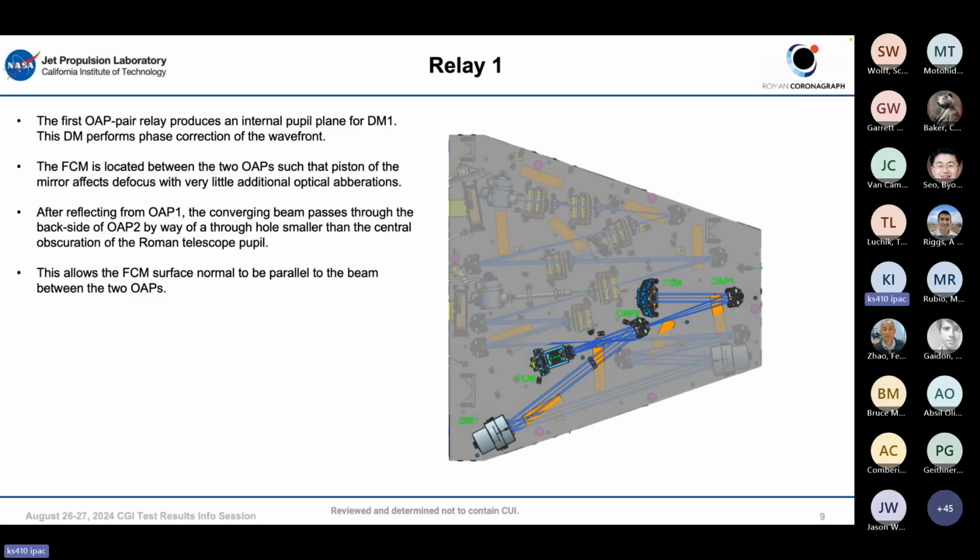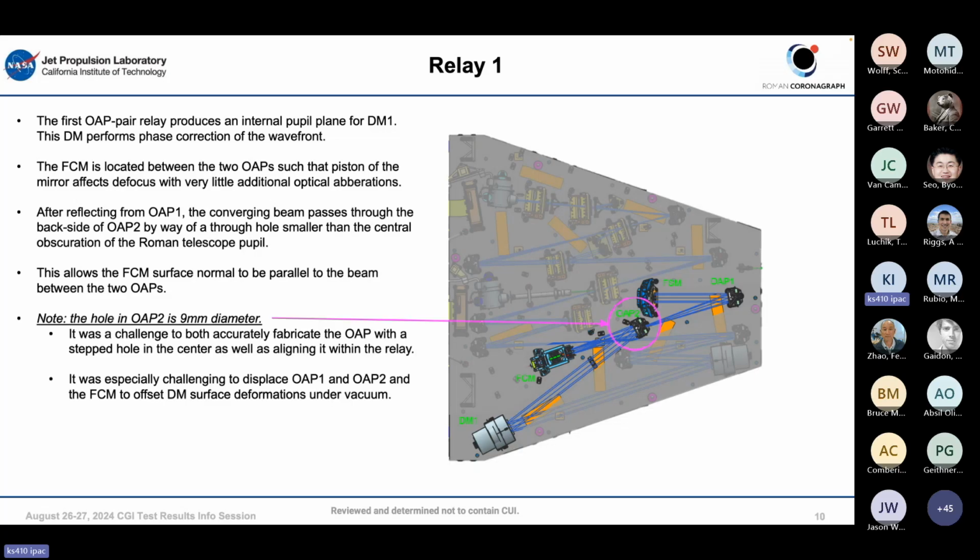And therefore, the reflected beam from OAP1 goes through a hole in OAP2, and before it goes to the fast steering, so the focus control mechanism, goes back, reflects off of OAP2, and then goes and produces the pupil plane at DM1. Note that the hole in OAP2 is only 9 millimeters diameter, which made it challenging to both fabricate and to align into the system.